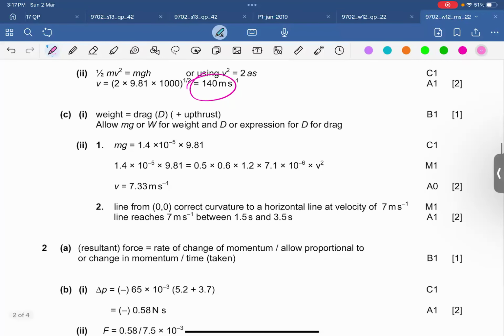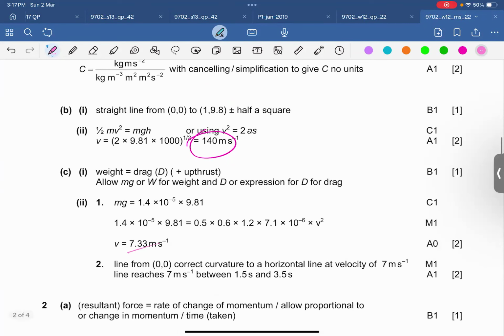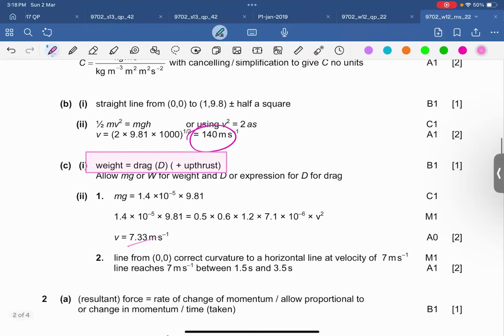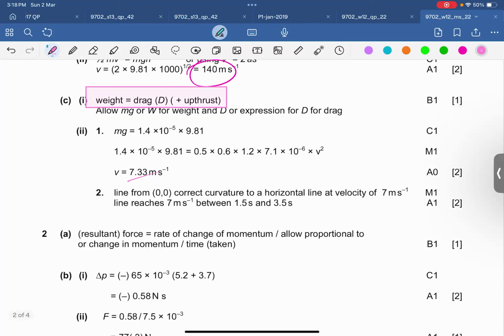Okay, this is correct. They're saying for the equation, weight equals drag plus upthrust if you want to relate the upthrust. Allow mg or weight, and D for the expression for the drag. If you don't include the upthrust, it will also be fine. They're saying the line from 0,0 should be a correct curve to the horizontal line.